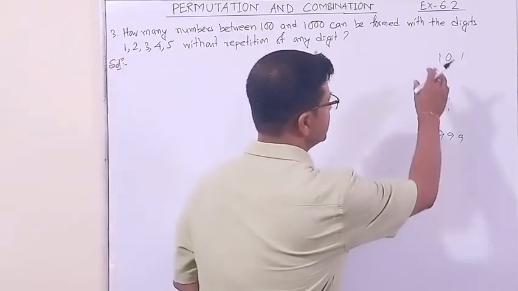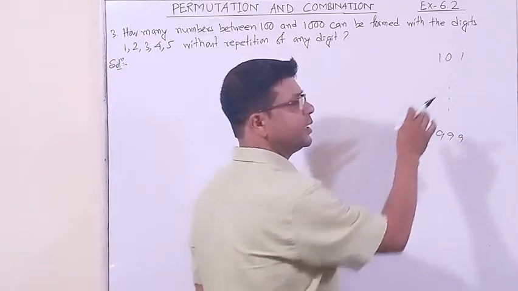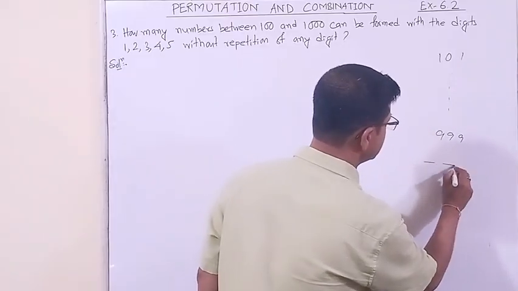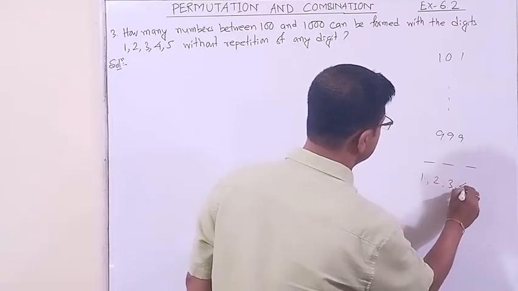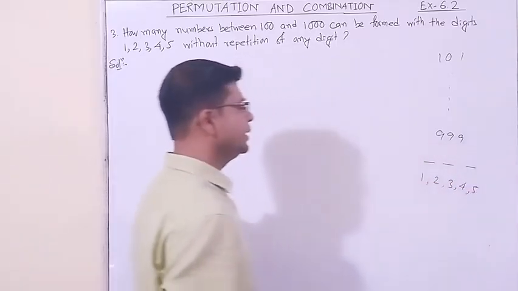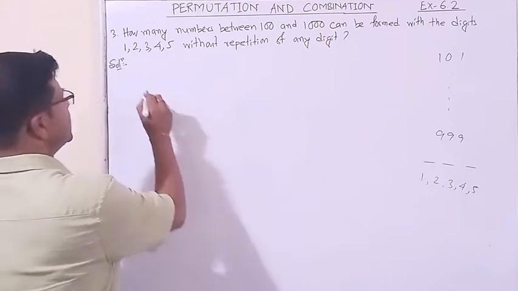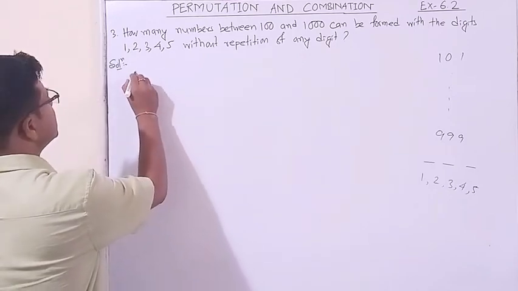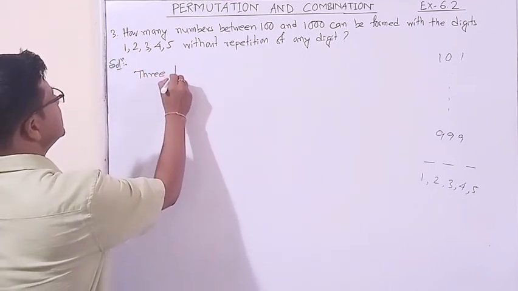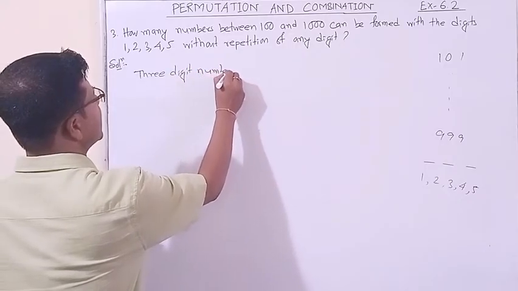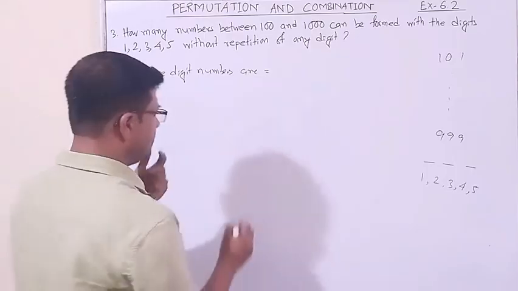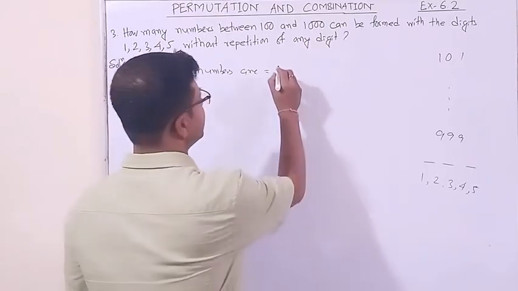So here the main thing is that we have to get 3-digit numbers, using the digits 1, 2, 3, 4, 5. Okay, so 3-digit numbers are how many? We have to consider how many digits are there. 5 digits.